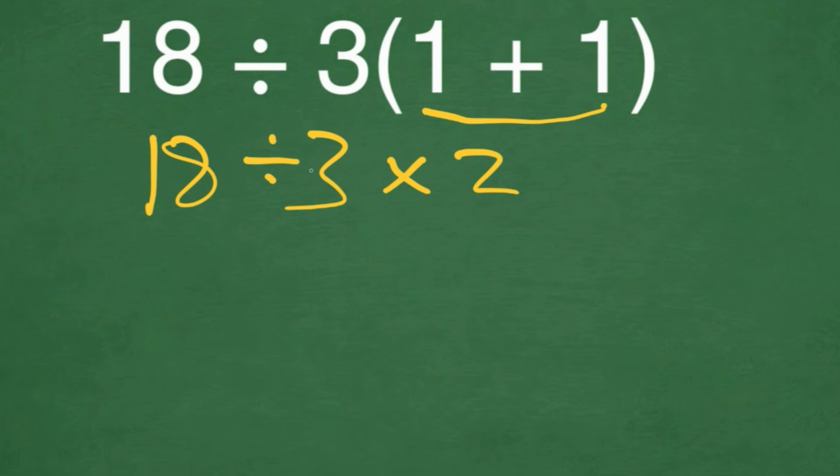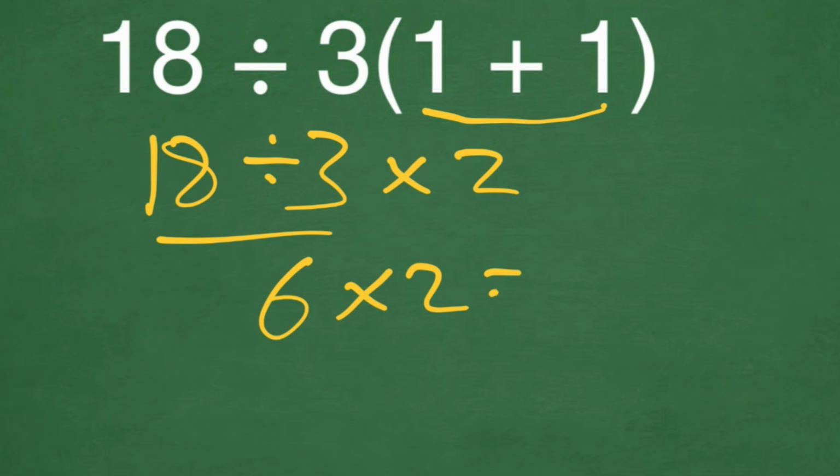Now, division does not have a higher priority than multiplication, but because division comes before multiplication, and since they have equal priority, we have to solve the problem left to right. So that is it. 18 divided by 3 gives us 6, and 6 times 2 is equal to 12. So the final answer to this question is 12.